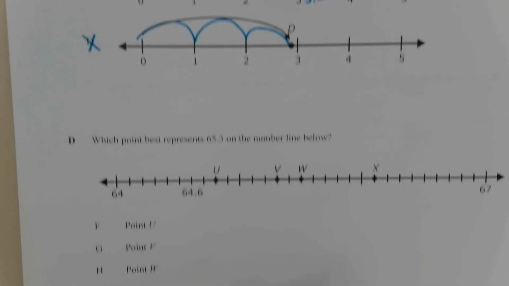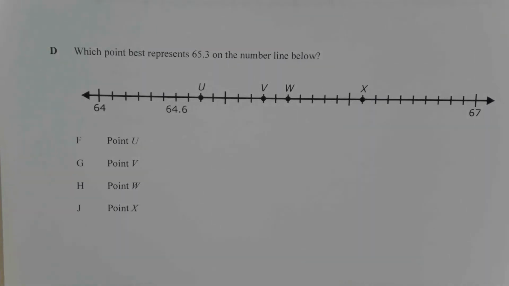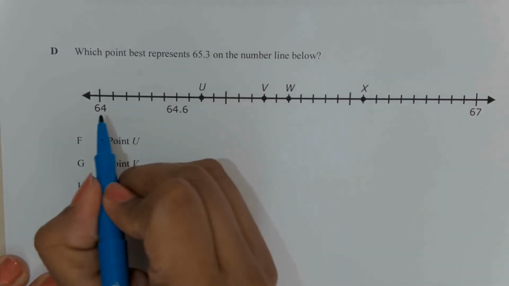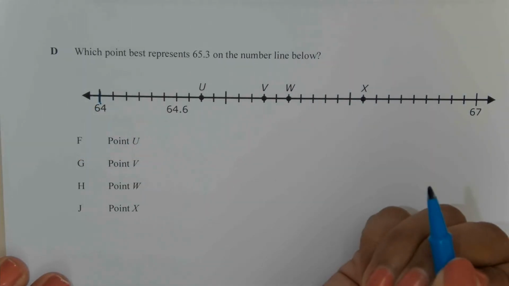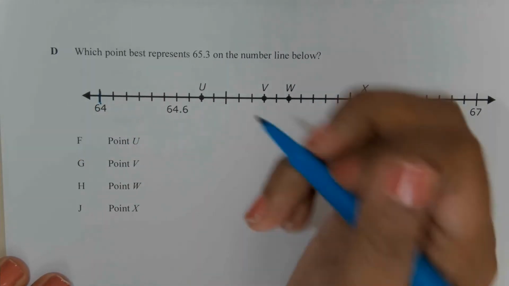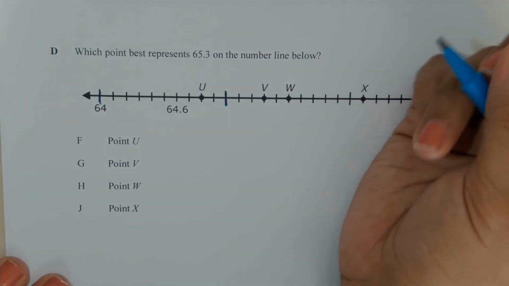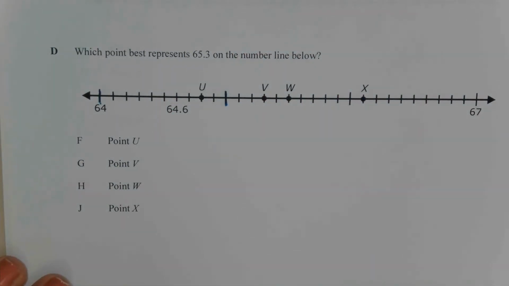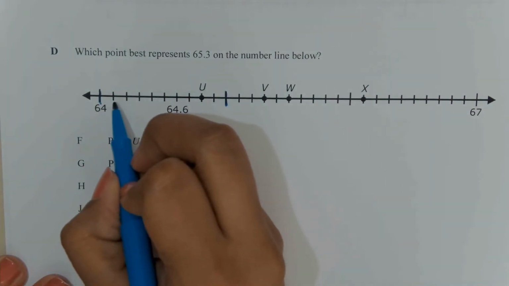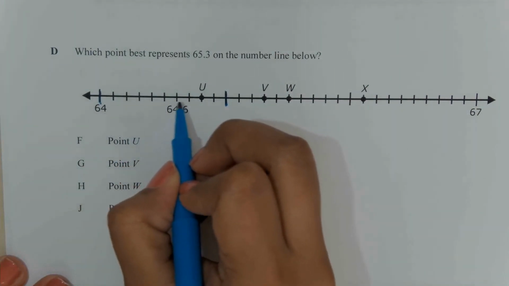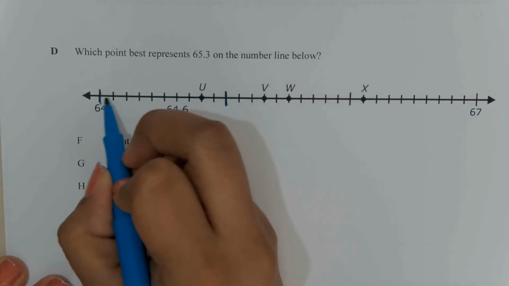Let's go ahead and lastly look at letter D. Now it says, which point represents 65 and 3/10. So again, we're going to go over this. Let's find our distance. This is our 64. And this would be our 65. So I have 1, 2, 3, 4, 5, 6, 7, 8, 9, 10. I'm going by tenths.